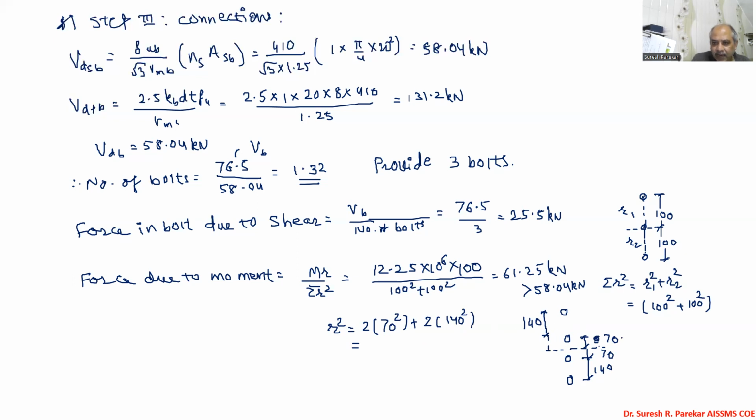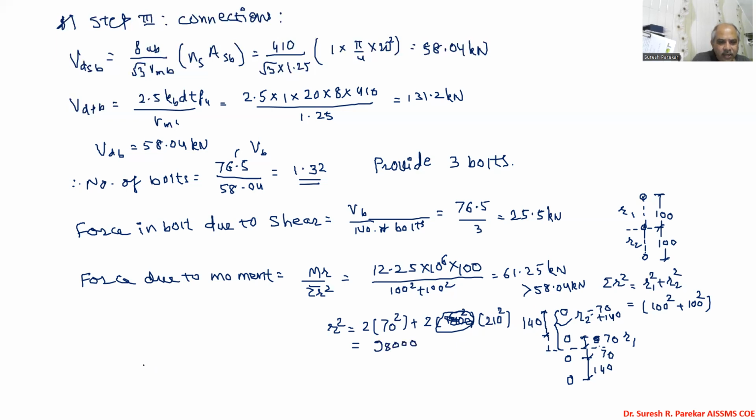So r1 we have 70, and r2 is equal to 70 plus 140, which is 210. This comes to 98,000.